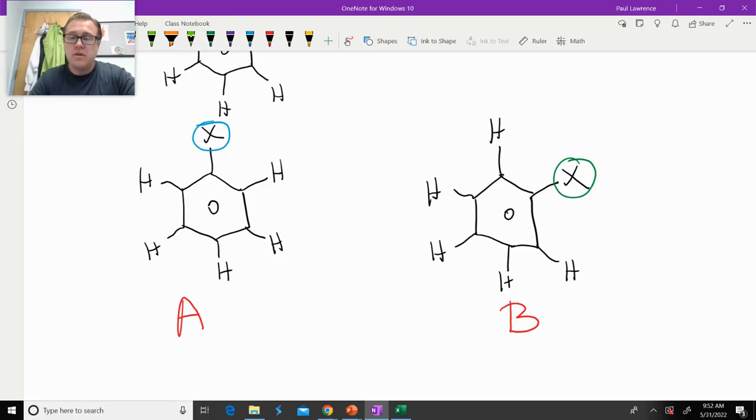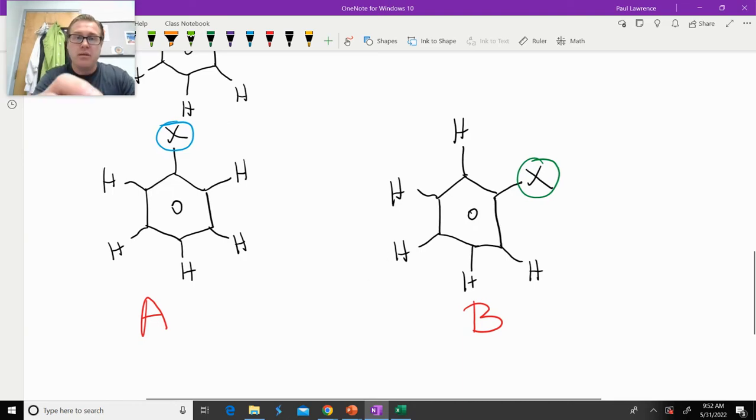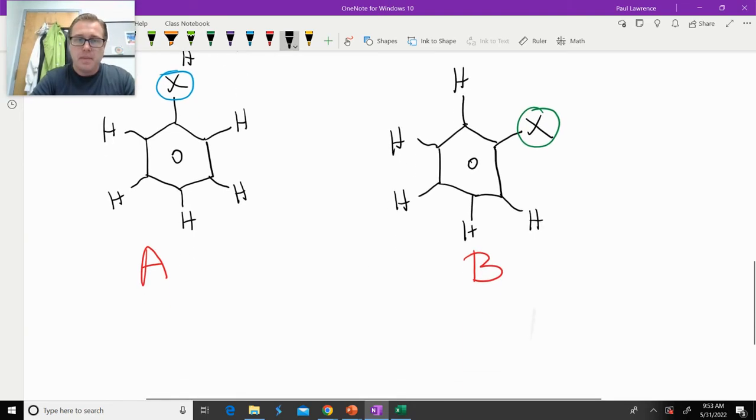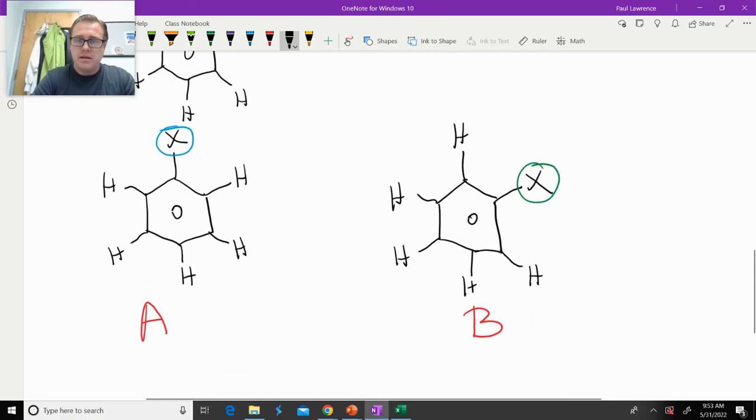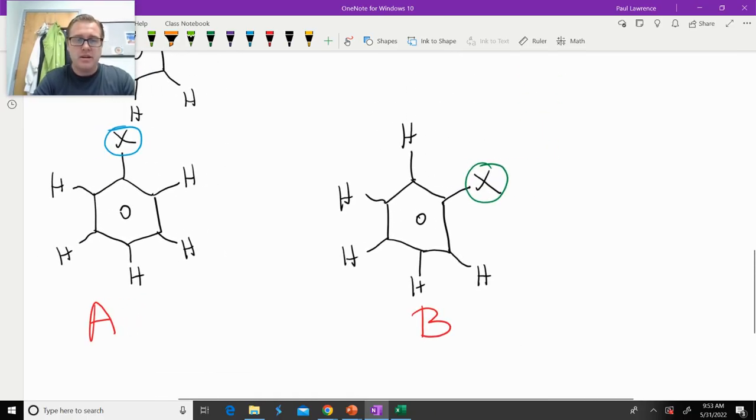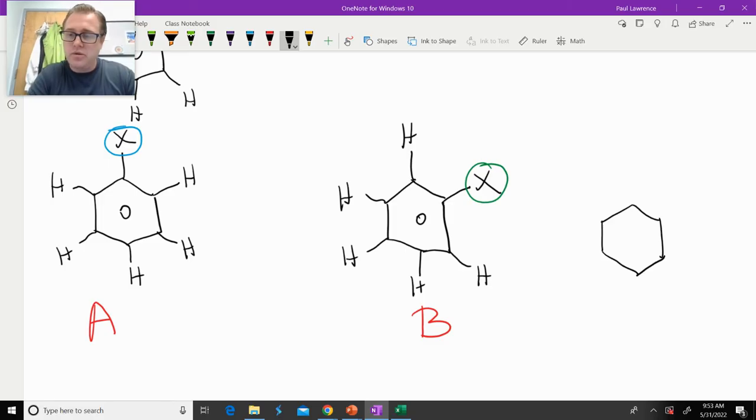If I took molecule B and rotated it and redrew it, so let's draw it right here. I'm going to take molecule B, rotate it, and then draw what that looks like. So the X is now there.